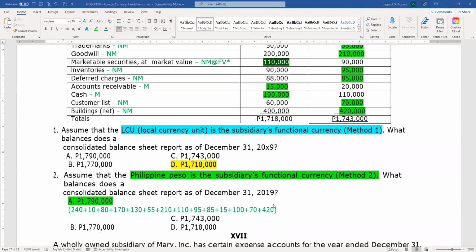So, try nyo lang i-check. Pag inad nyo yung lahat, that should give you itong 1790. Double check ko lang. Okay, tama naman yan.